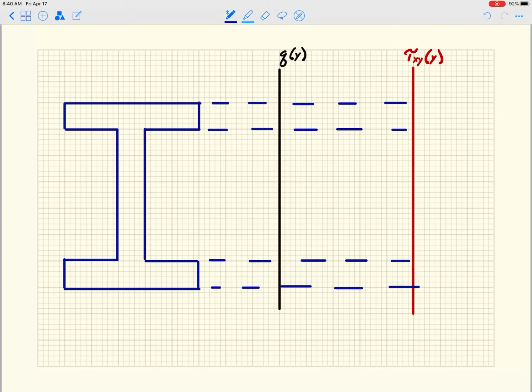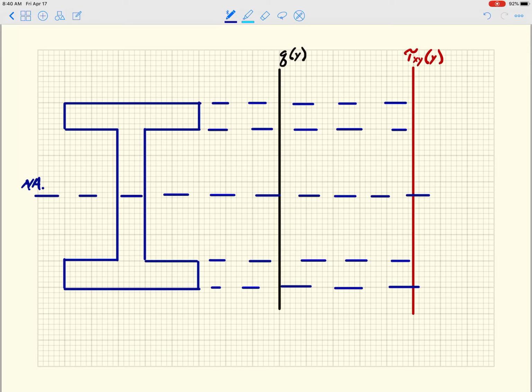And of course, we've got this neutral axis here. So this guy is my neutral axis, okay?